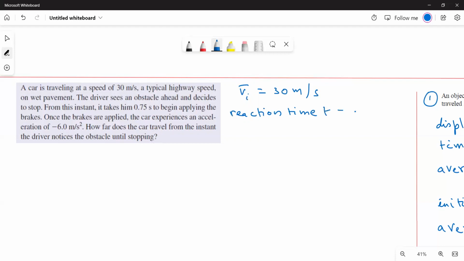T is given as 0.75 seconds. This is the initial velocity. And then deceleration is given.